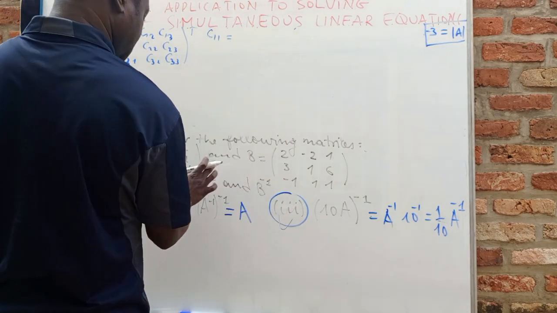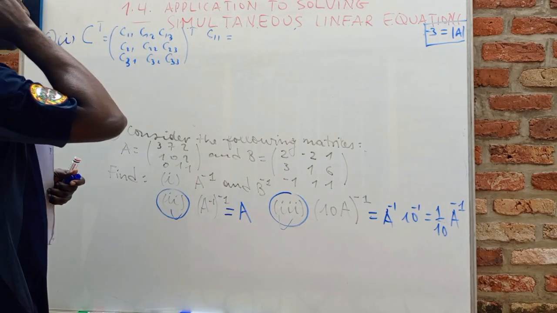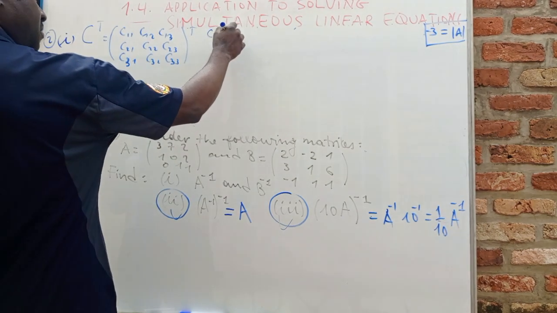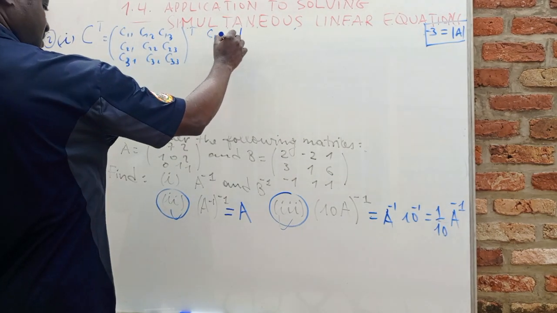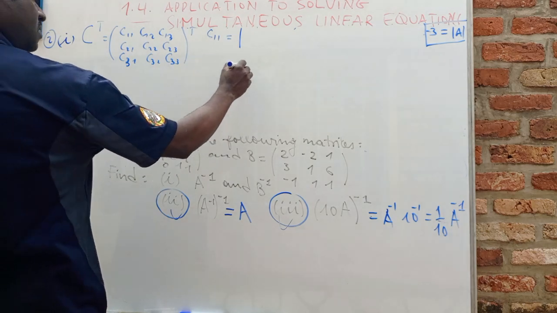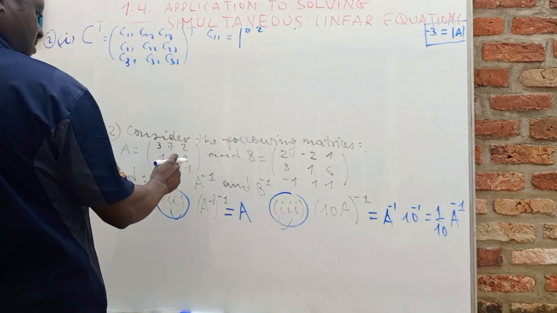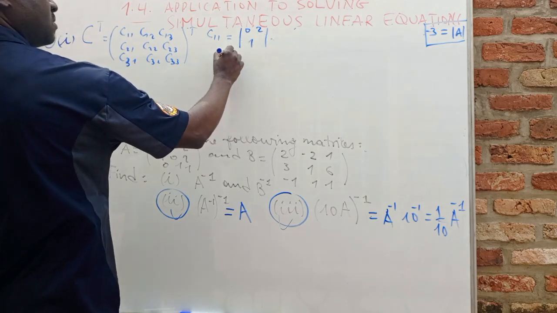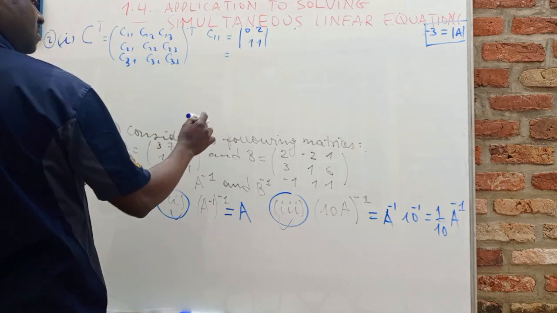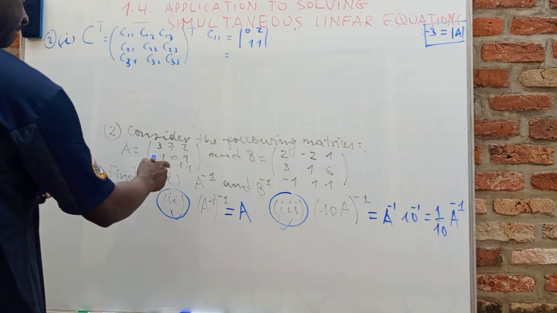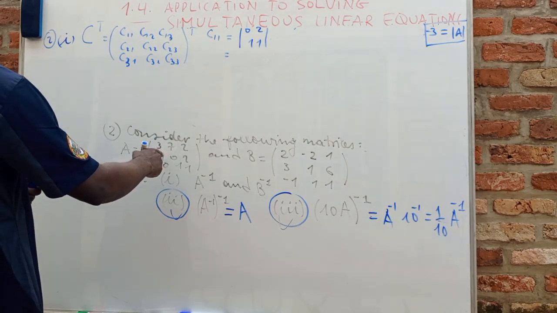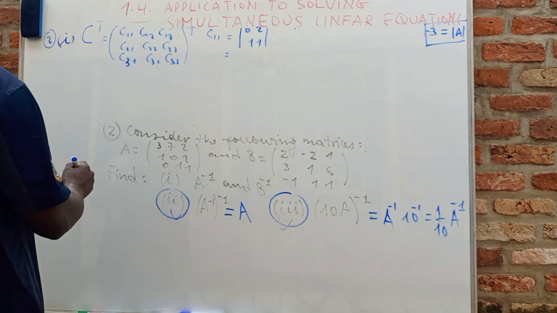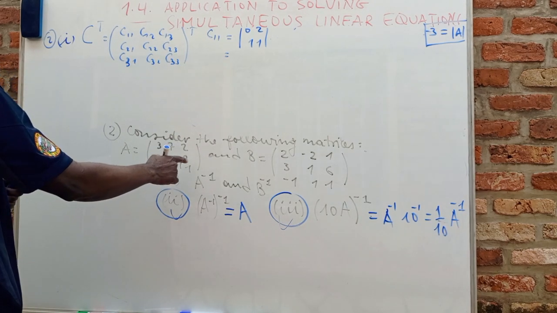So using this matrix, C11 is going to be equal to the positive determinant of 0, 2, 1, 1.